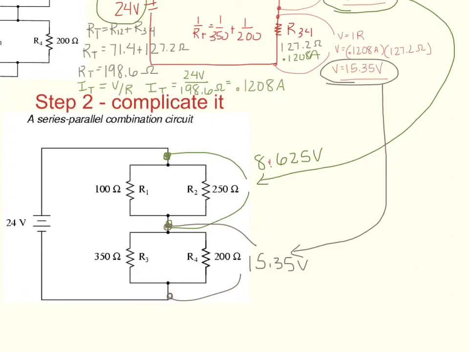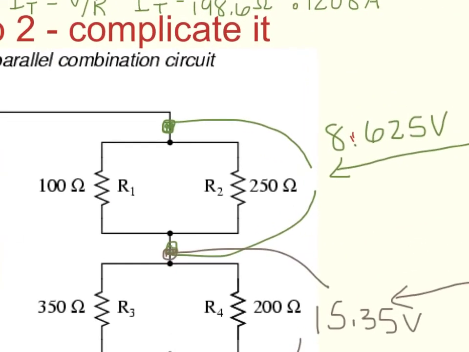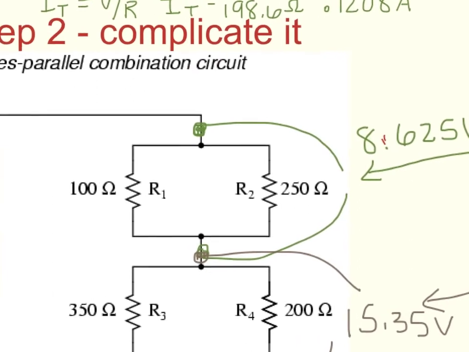Either way, they would drop the 15.35 volts. Because of this, we know the voltage for each of these spots. And when we know the voltage, it's pretty easy to solve for the current using V equals IR.